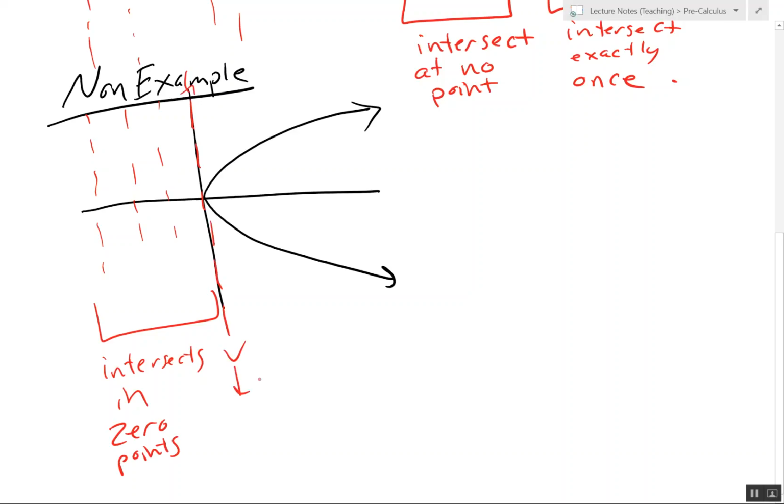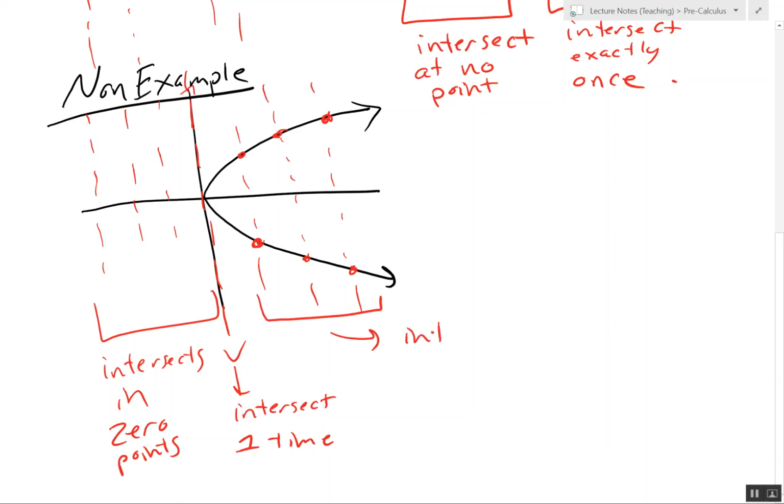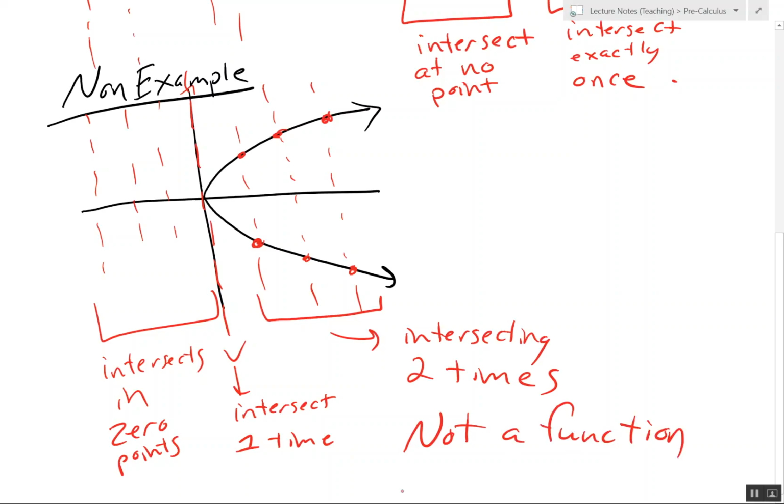Notice that here we intersect one time, but once we get past x equals 0, we're always finding two points. So here we're intersecting 2 times. So this is not a function. This is just a plain old relation.